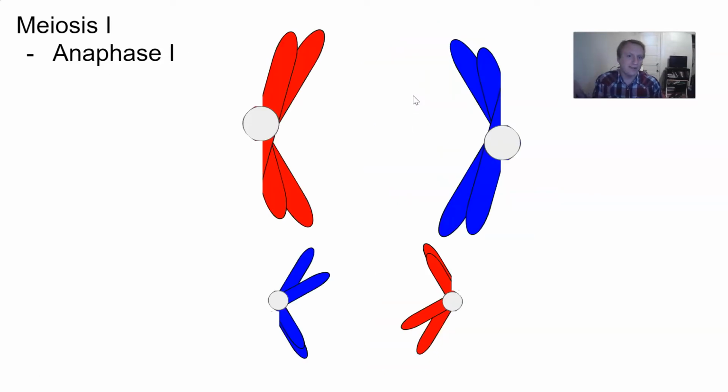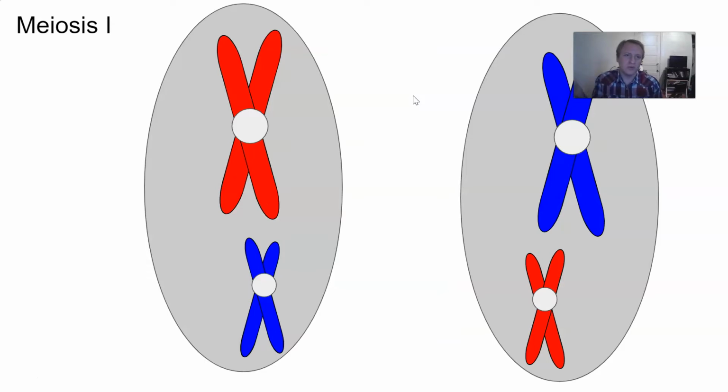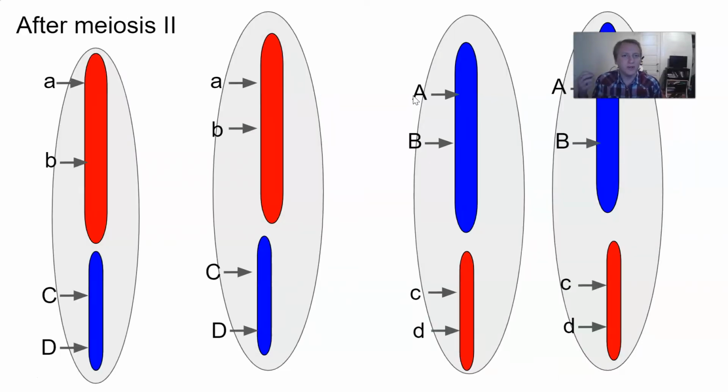So we go through anaphase 1, we're done with meiosis 1, we go through meiosis 2, and we wind up with gametes that have contributions from the maternal and paternal genetics here. So this gamete is part recessive, part dominant. This gamete is part dominant, part recessive. It's just going to depend on how those particular homologous pairs lined up.